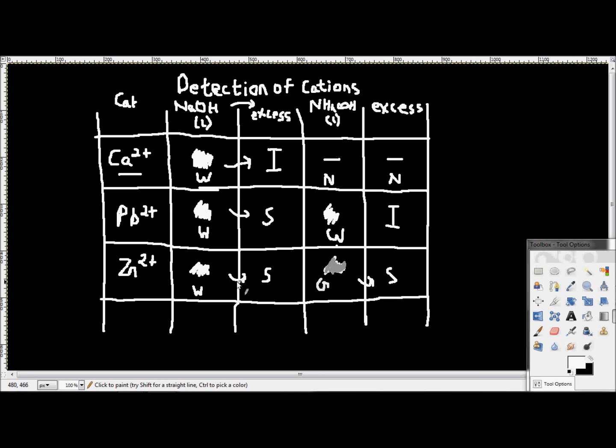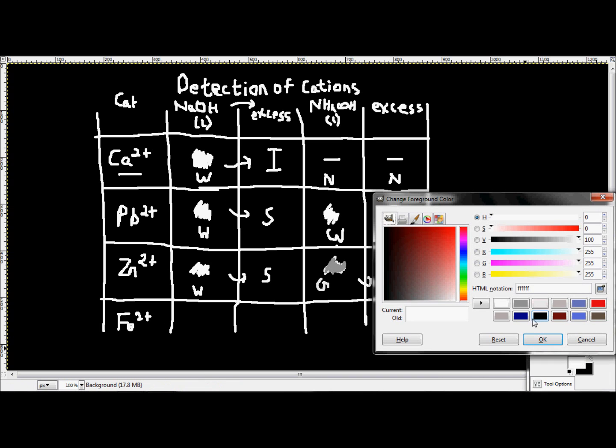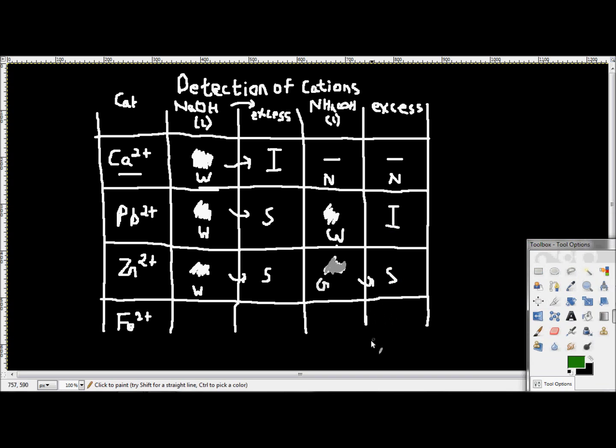Now the next cation is Fe2+, and finally we have some color. Fe2+ in NaOH will give you dirty green. Now dirty green would probably mean something like this. Dirty green precipitate. In excess, it's insoluble.